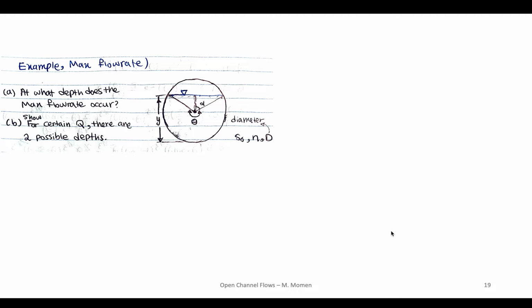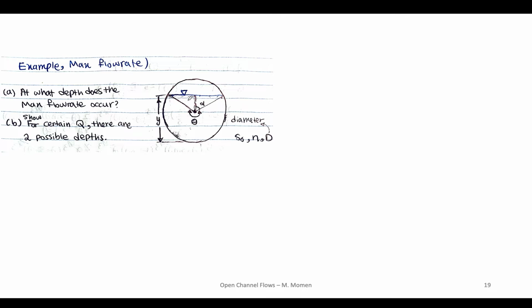Hi everyone. Today I'm going to solve two more examples of open channel flows, especially focusing on Manning's equation. In the first example, we are going to investigate the maximum flow rate in a circular channel shape, which is kind of like an optimization problem.